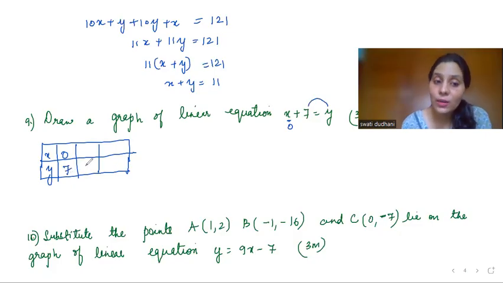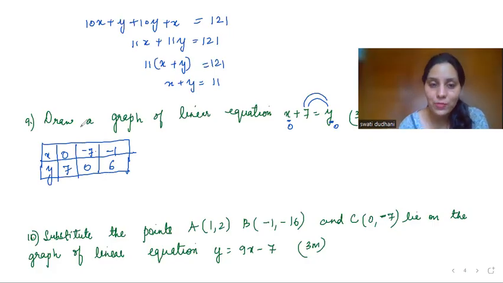Now, if I take y as 0, my value of x will be negative 7. Now, I can take maybe x as negative 1; negative 1 plus 7 is 6. y is 6. So you need to have a minimum of 3 values.